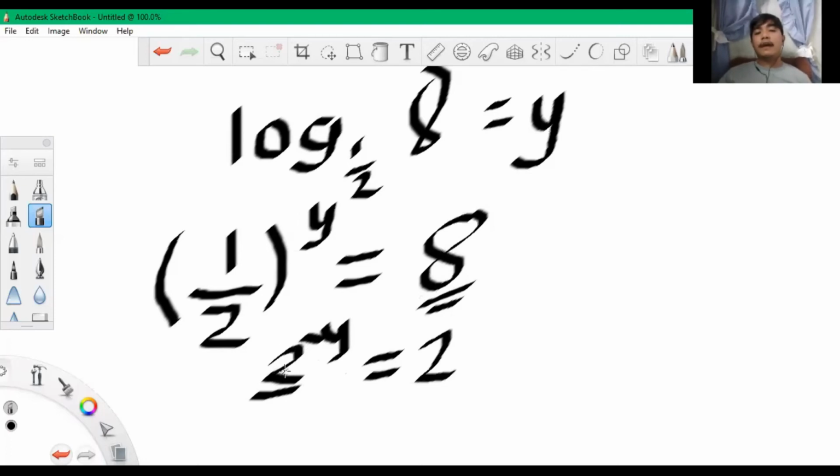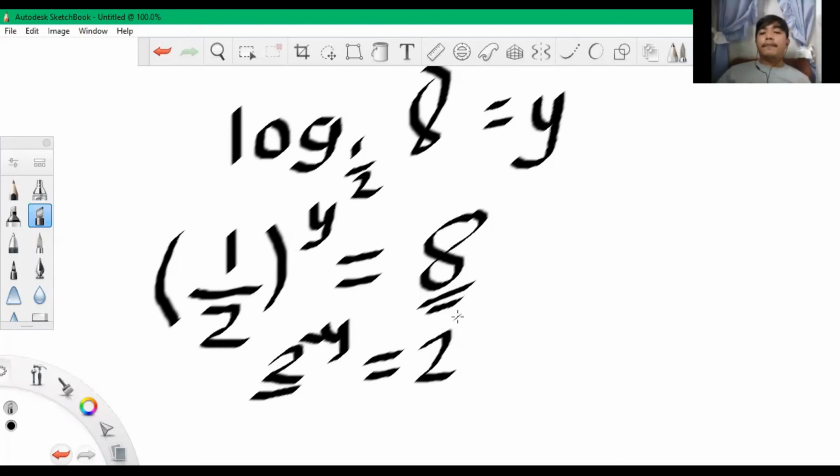Kasi our goal is to have a base of 2 on the right side. Dahil yun nasa left side ay 2 na. So, we have 2 here, and ano dapat yung maging exponent ng 2 in order for it to be equivalent to 8? So, we can solve it again manually. So, we have 2 and 2, which is equivalent to 4. 2 times 2 is equal to 4, times 2 is equivalent to 8.